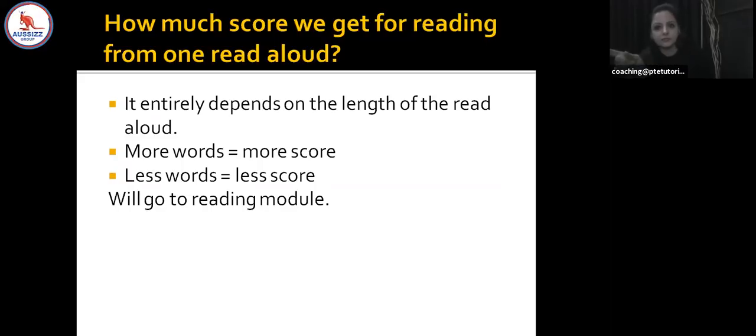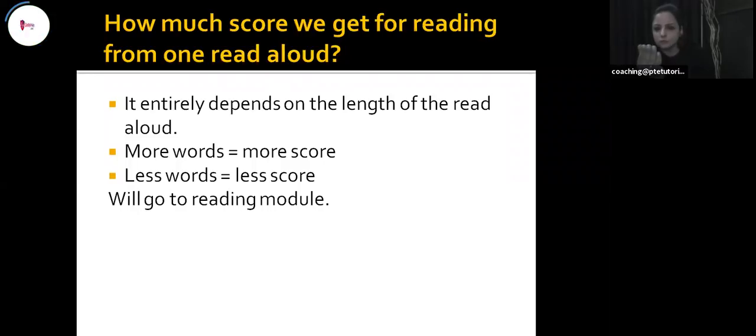And in this way, if we count the number of read alouds, suppose I got 6 read alouds, and from each read aloud the maximum score is 5. So I'll get 5 times 6 is 30. Out of 30, suppose I scored 22.